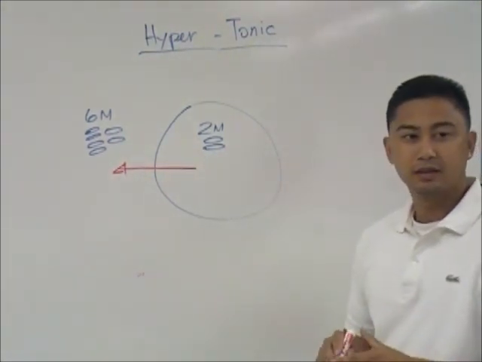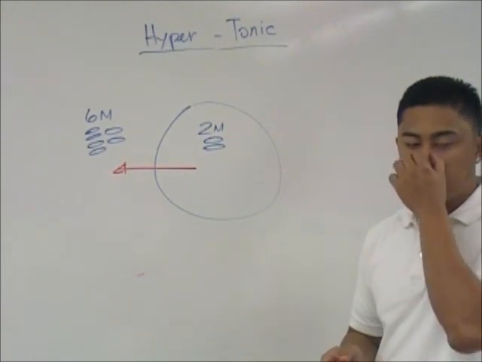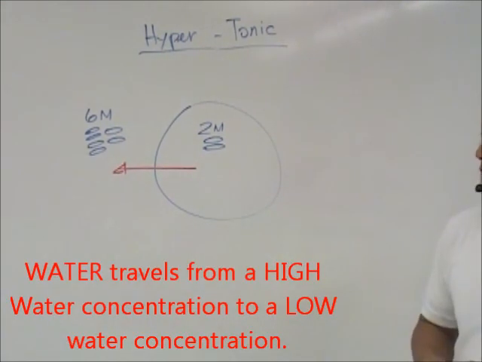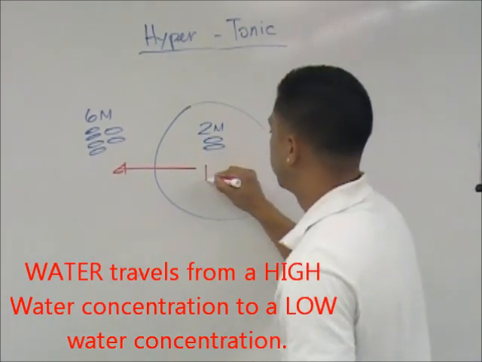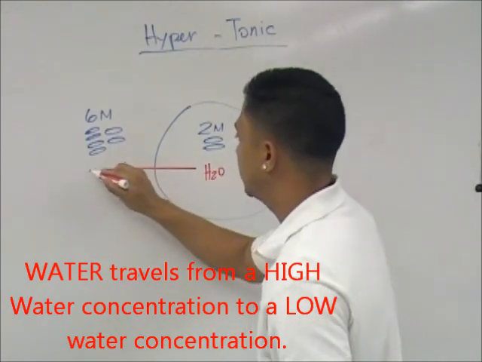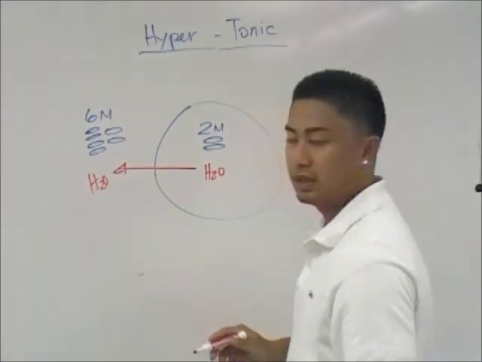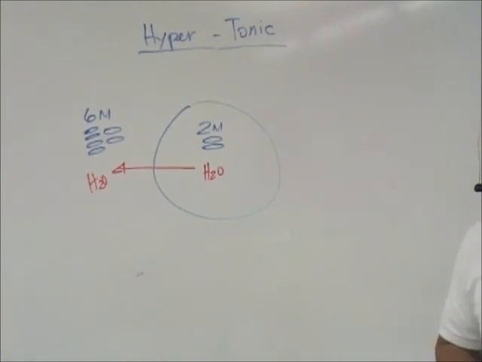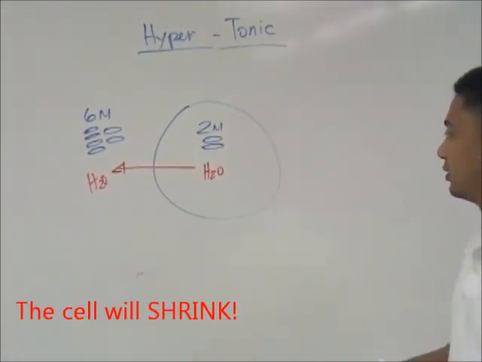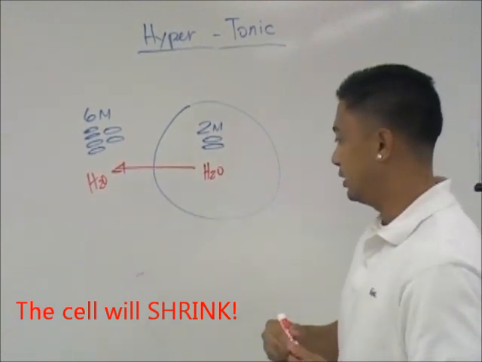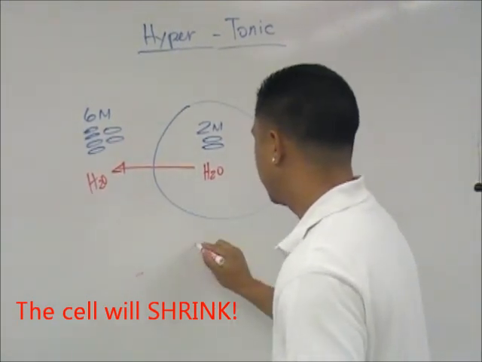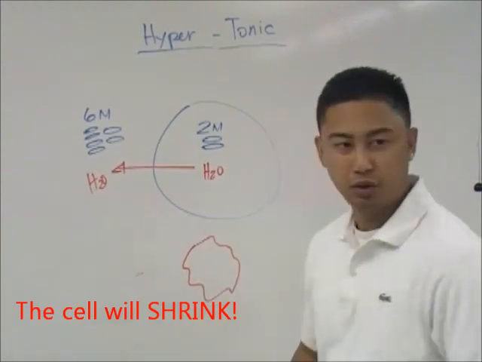Does that make sense? So that means that the 2 is going to go outside? No. Water only is going to be moving outside and inside. So the water is going to go outside, which is going to make the cell shrink. Exactly. So what's going to happen to this cell? It's going to kind of look like a raisin because it's going to shrivel up.